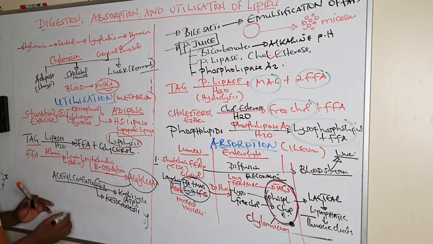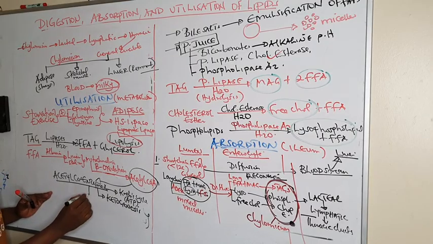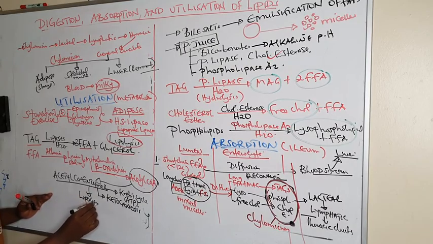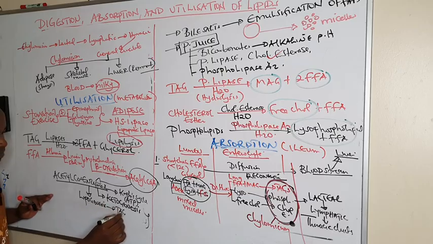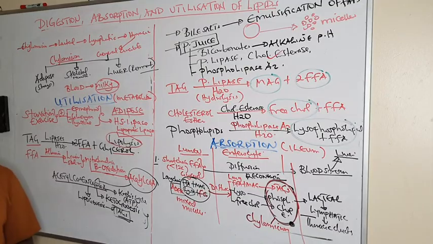Then, if there is no need of energy, this acetyl-CoA can still undergo lipogenesis, whereby we can use it to produce other TAGs for storage. If there is no need of energy, it undergoes lipogenesis.